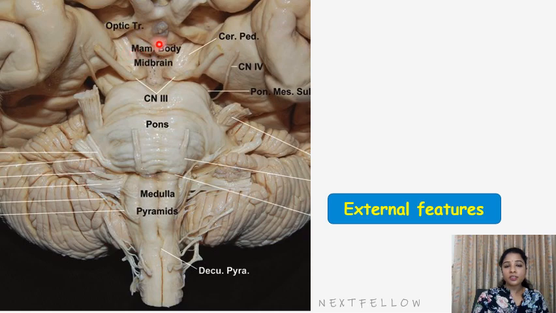So here we can see the ventral side of the brain, where we can also appreciate the cerebellum and ventral surface of cerebrum, and we can see the interpeduncular fossa as well here. This is the optic chiasma, optic tract, and here is the stalk of the pituitary gland, mammillary bodies which are part of hypothalamus.